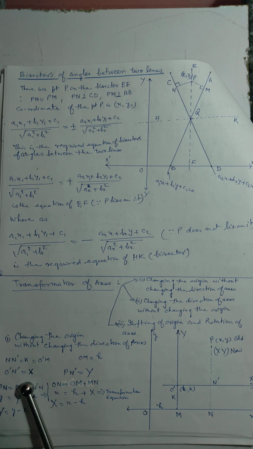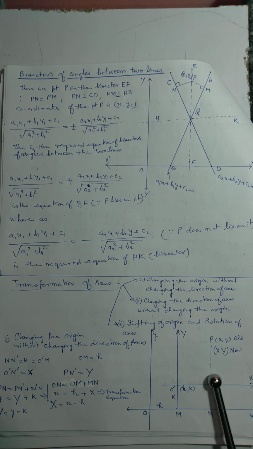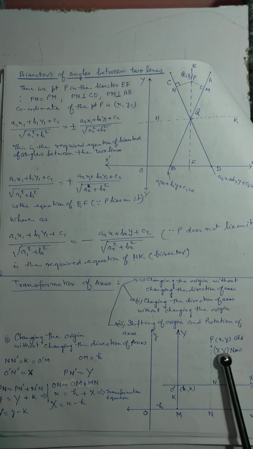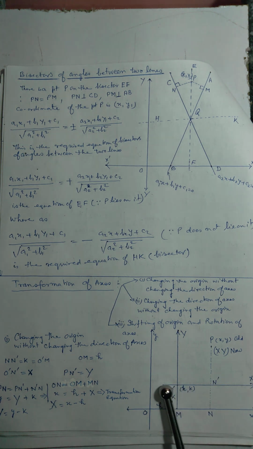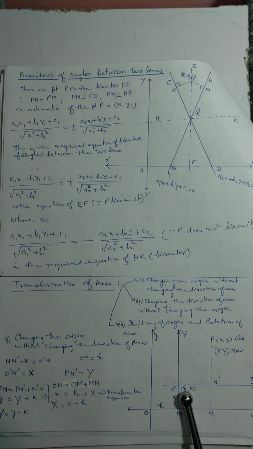Here I have mentioned O dash N dash. This will be the capital X, that is, the abscissa for the new origin.